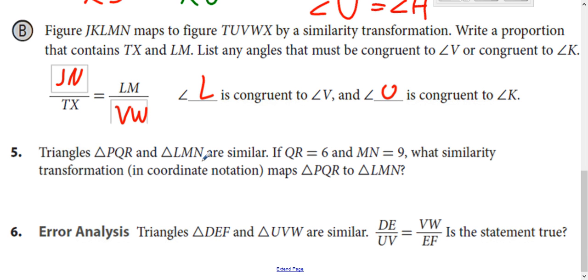So here we have two similar triangles, and it gives us the side lengths. QR, the second and third letters, with MN, the second and third letters, so those must be proportional. 6 over 9. We take the QR over MN.